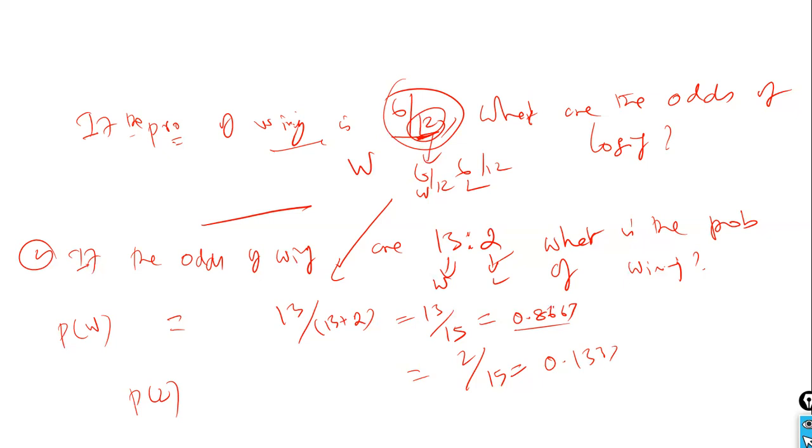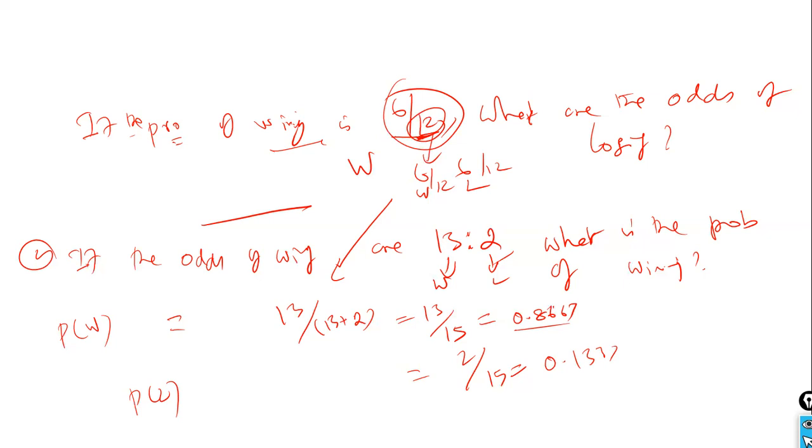Probability is given, and now you need to tell what the odds of losing are. What formula did we say for probability to odds? Probability of success divided by probability of failure, that is 1 minus probability of success.